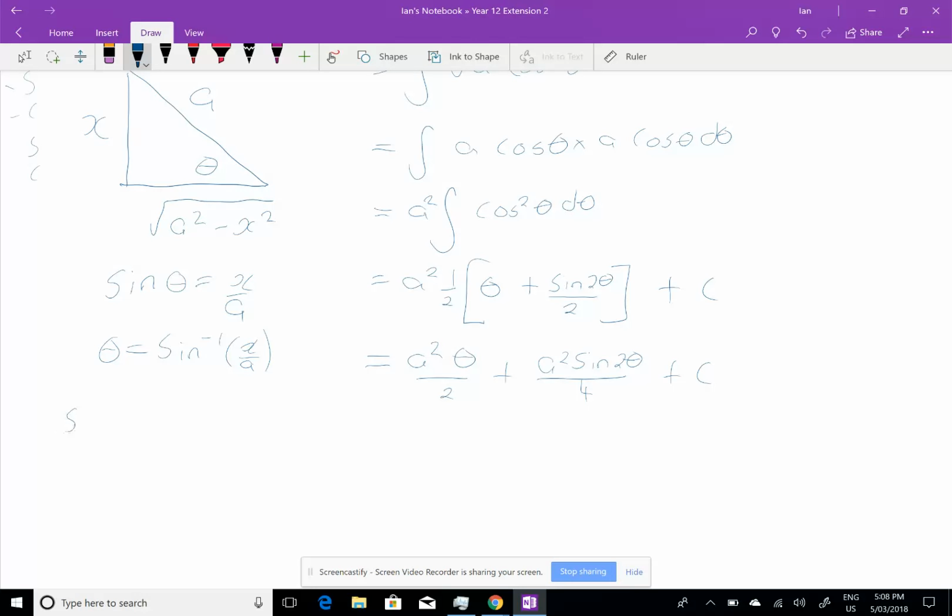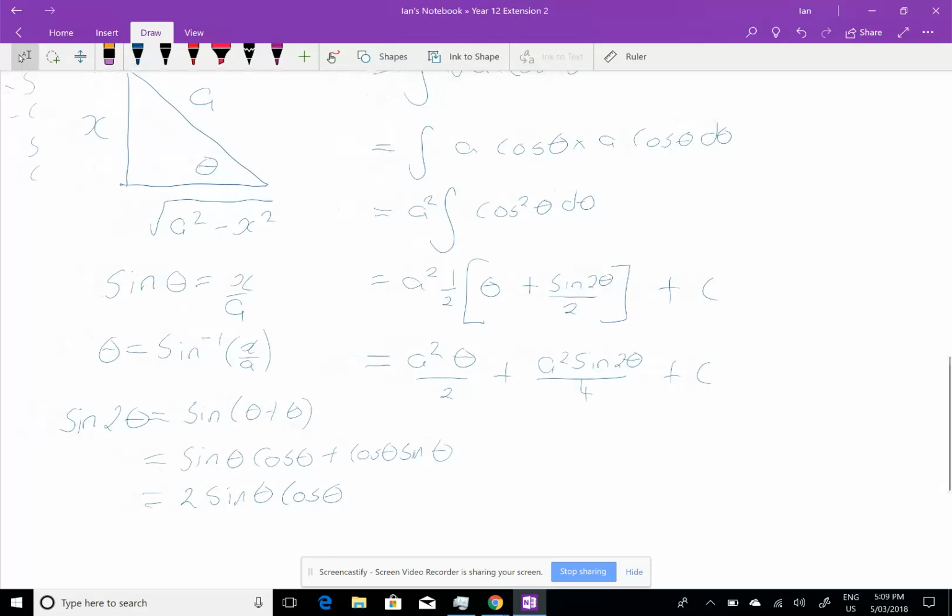And sine 2 theta equals sine of theta plus theta. I'm using our double angle. That will give us sine theta cos theta plus cos theta sine theta, which gives us 2 sine theta cos theta.